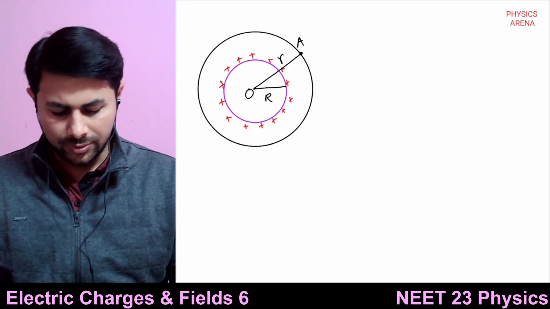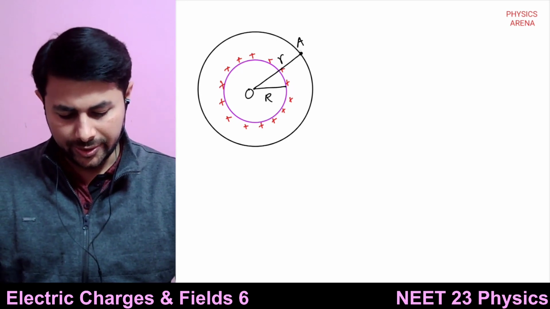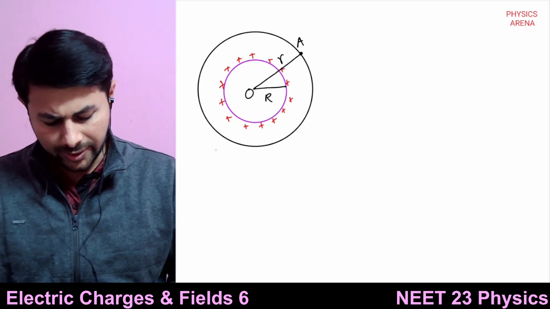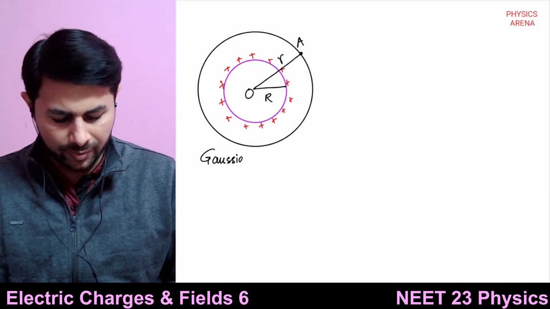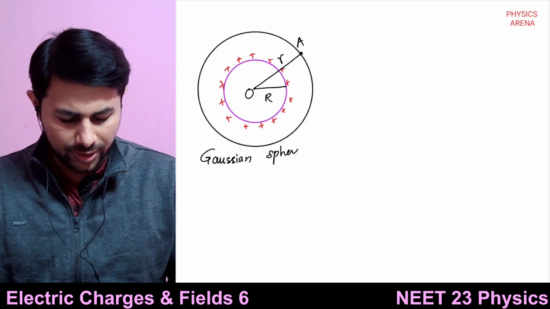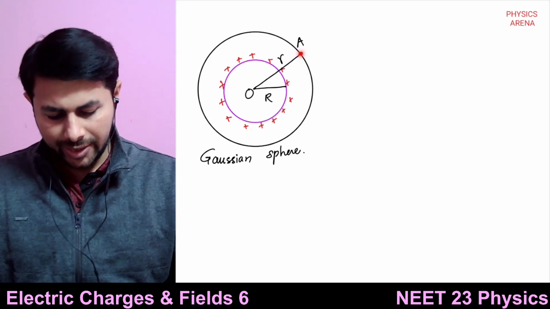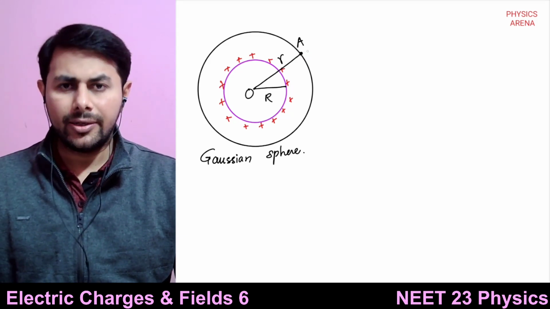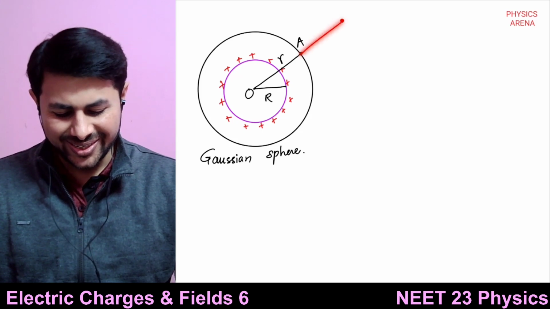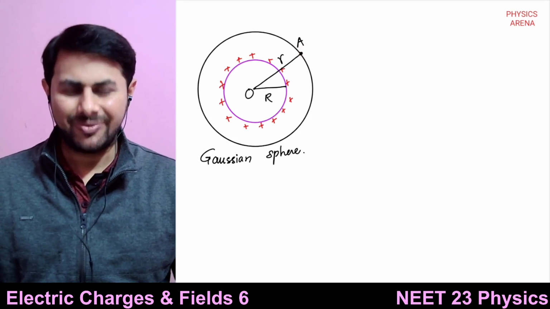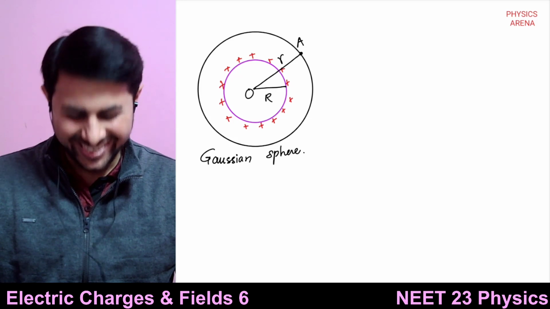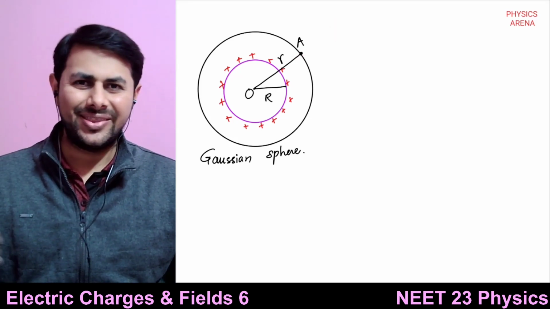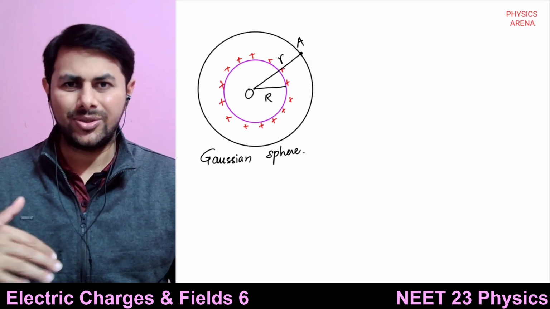Now consider any point on this Gaussian surface. I have already drawn the Gaussian surface, which is again a sphere, so I can call it the Gaussian sphere. For any point on this Gaussian sphere, the electric field will be directed like this, perpendicular to the surface.